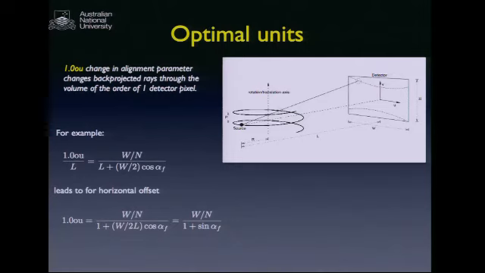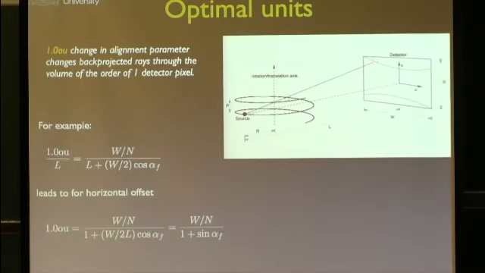Basically, what this means is that if we back project from the source to the detector, and if we change one of the parameters, for example, in this case the horizontal shift, by a given number, say 1 optimal unit, then the back projected ray through the object should not deviate more than roughly 1 voxel in the reconstructed image.